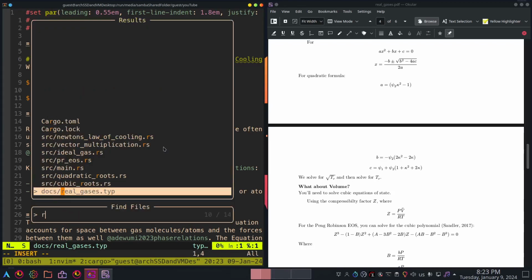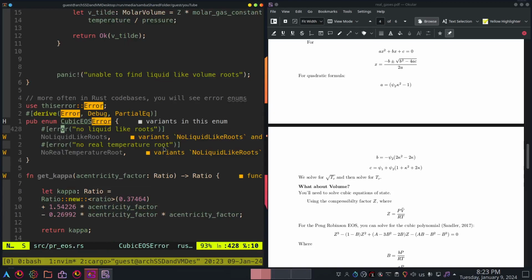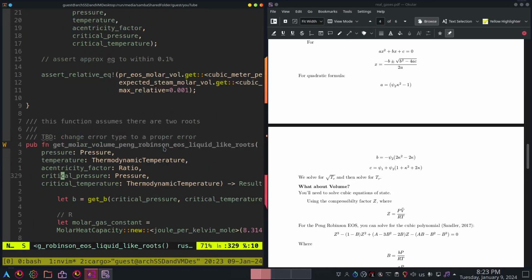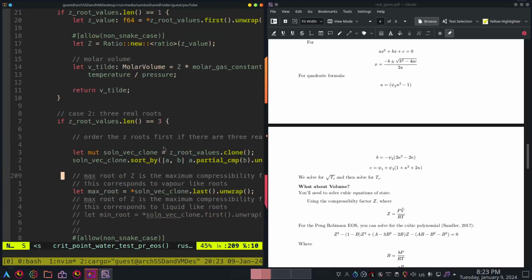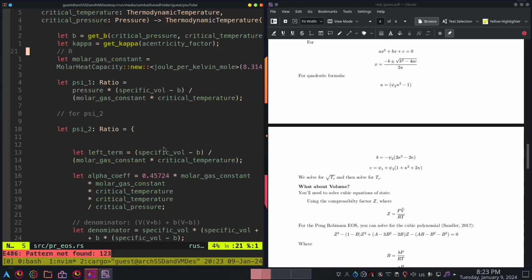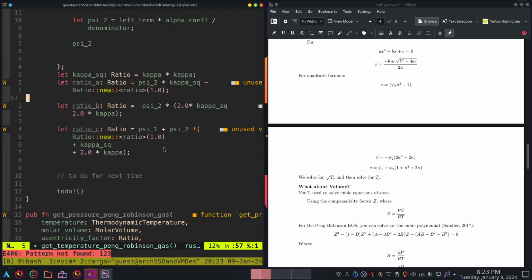Where's my Peng-Robinson? Okay, and I'm going to get my temperature solver, get temperature for the Peng-Robinson gas.